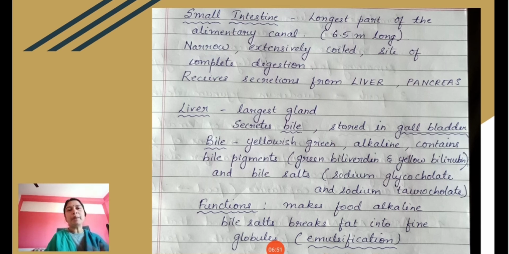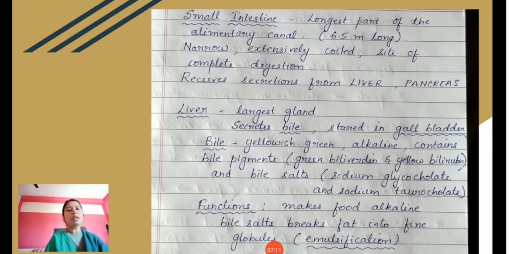The color of the bile is yellowish green due to the presence of two pigments, namely biliverdin and bilirubin. And along with these pigments, it also contains bile salts. Now, what are the functions of bile? First, earlier the food was acidic in nature.